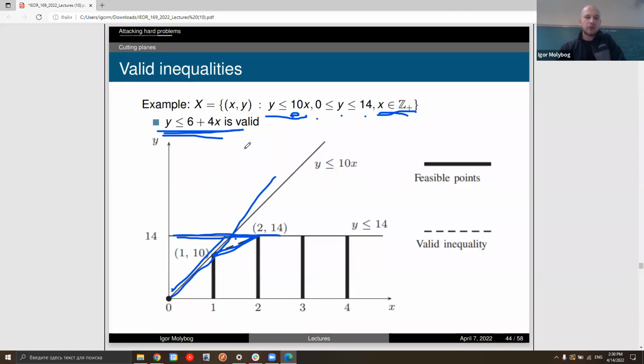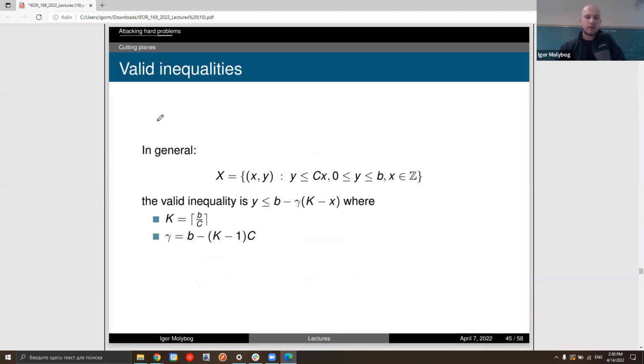In order to prove that this is in fact a valid inequality, I would like to show you a more general statement.